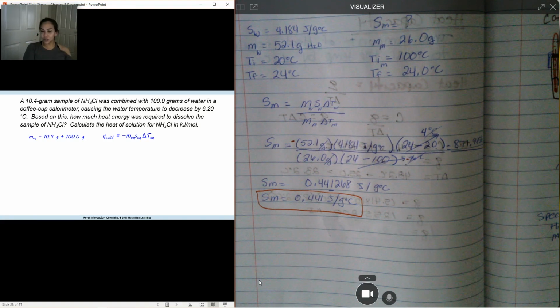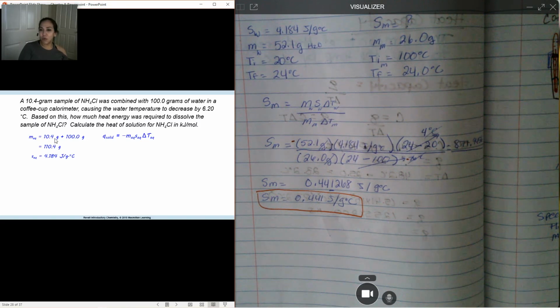It doesn't get destroyed. Remember, law of conservation of energy: energy cannot be created nor destroyed. Heat is a form of energy. So the mass of the resulting solution of our aqueous includes both the water and the dissolved ammonium chloride. So you're going to write it as this.